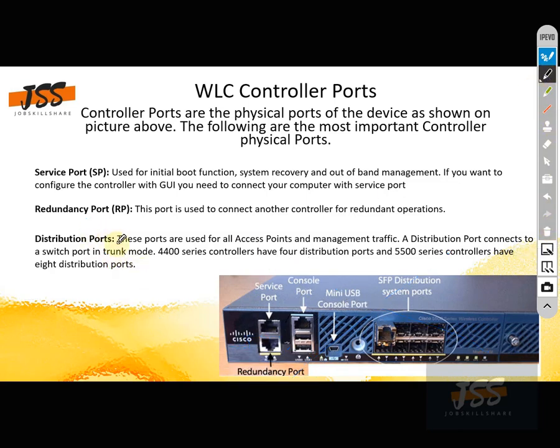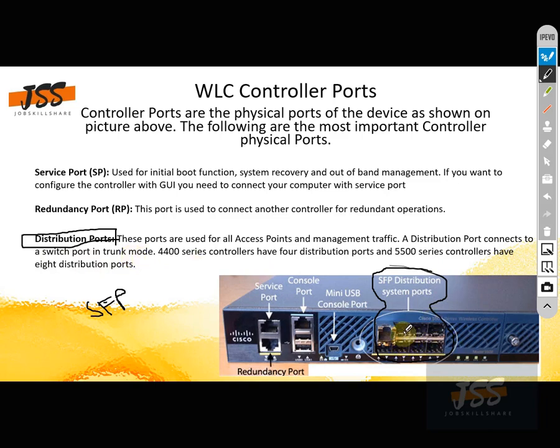Then we have some distribution ports, and these are just like the SFP ports we have learned in our earlier modules, or Ethernet ports or fiber ports, which are these SFP distribution system ports. It is saying that they work in a switch port in trunk mode.